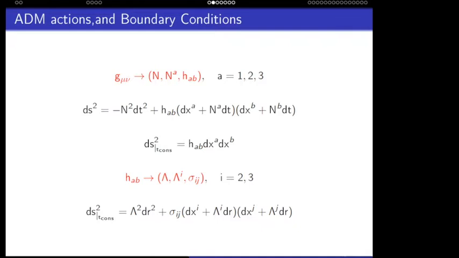There are 10 components in 4 dimensions: 1, 2, 3, and 6 coming from the 3-metric. These are 10. The same here. For the 3-metric, I have 1, 2, 3, and 3 more, 6.